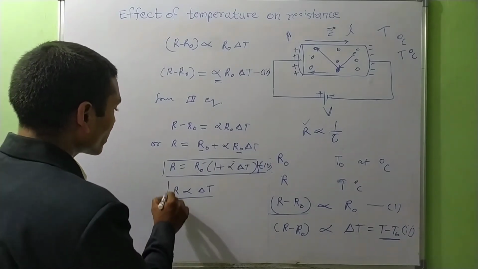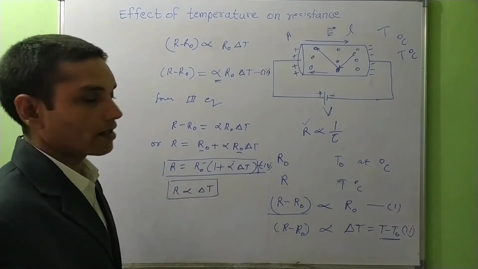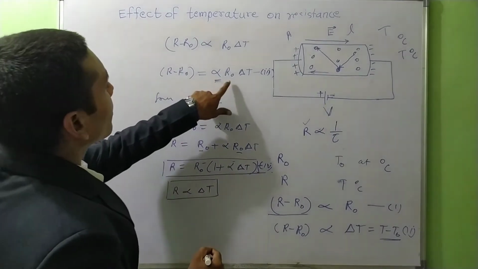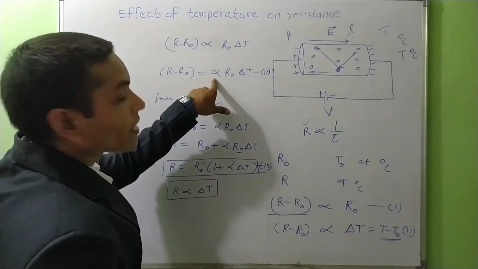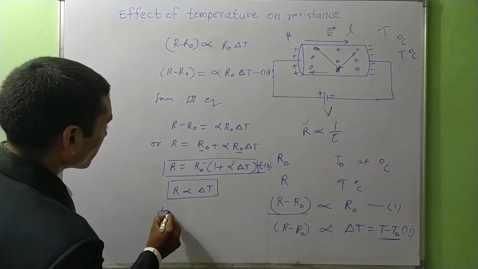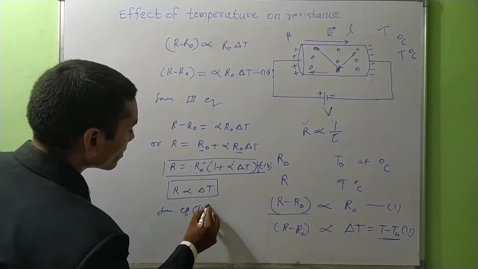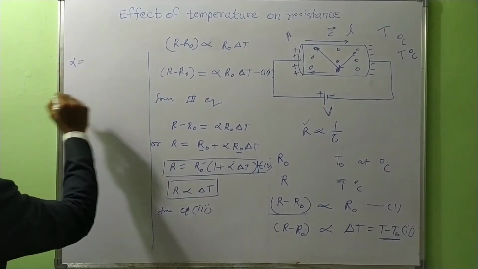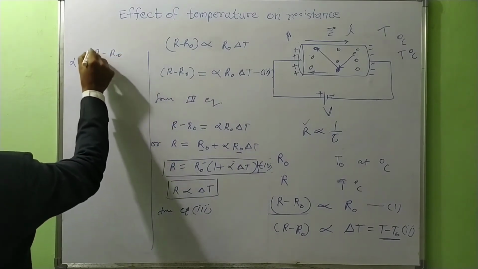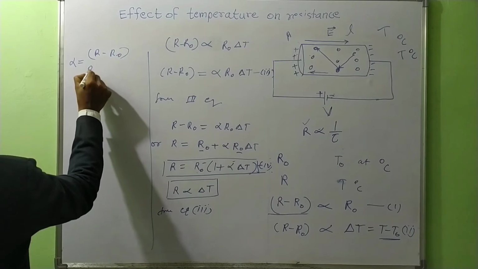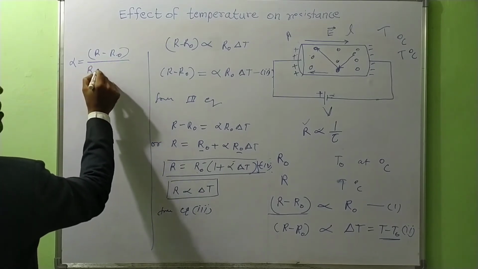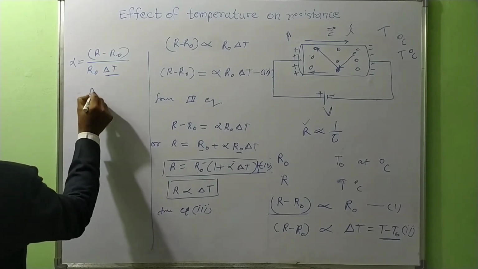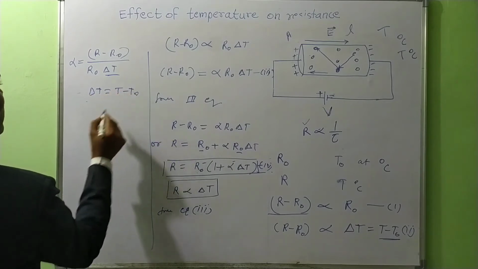Okay, so this is the relation between temperature and the resistance. From equation third, here we can find the value of the temperature coefficient. So from equation third, temperature coefficient alpha will be equal to (R minus R naught) upon R naught into del T, but del T is equal to T minus T naught.